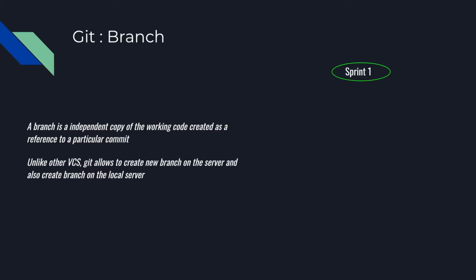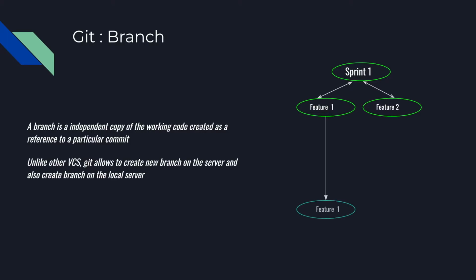As you can see here, I have a copy of the code called Sprint 1. Now, I can go ahead and create two new branches, feature 1 and feature 2. Remember, these two branches I have created are on the server. Now, a developer working on feature 1 can clone the branch and start making the changes.